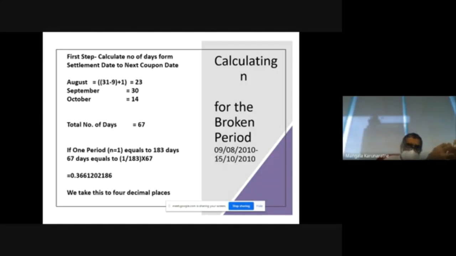Then only can we get exactly the number of periods, or number of periods plus a fraction of a period, to calculate the present value of those cash flows, right? Present value of those cash flows.